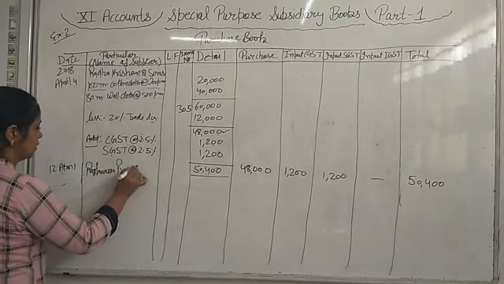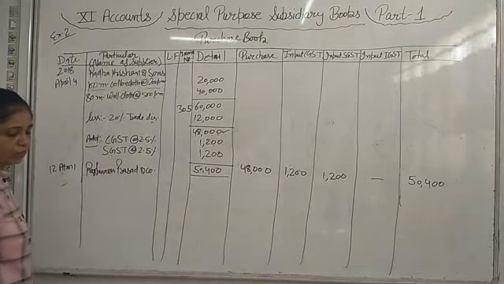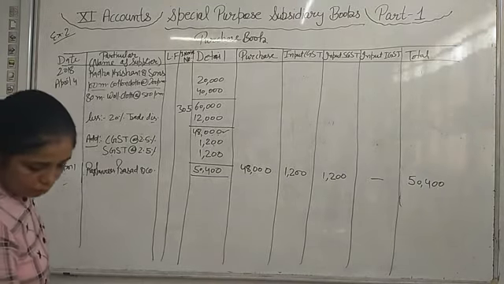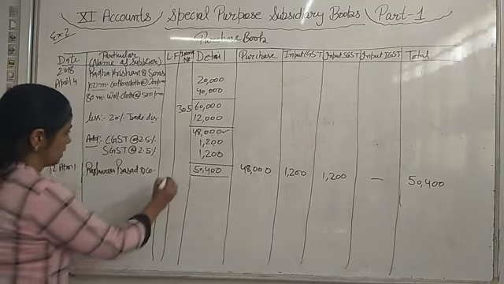First of all you will write the name of the supplier, Raghuveer Prasad and Company. Then the invoice number is 240.